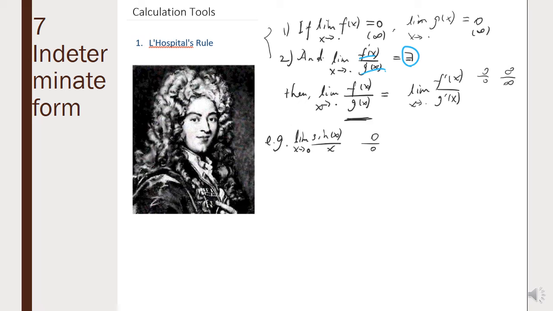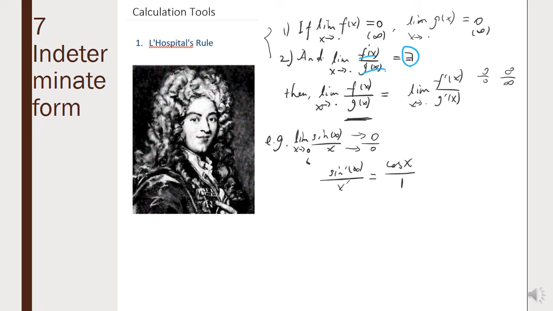Well, let's check. The first condition is, if f(x) and g(x) are going to 0. Yes, of course, this one's going to 0, this one's going to 0. So we have the first condition satisfied. Okay, continue to the second one. What about the limit of the derivative of f over the derivative of g when x is approaching 0? We're checking sine prime x over x prime, which equals cosine x over 1.